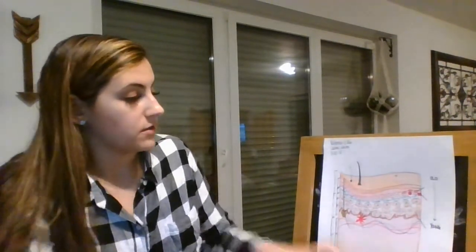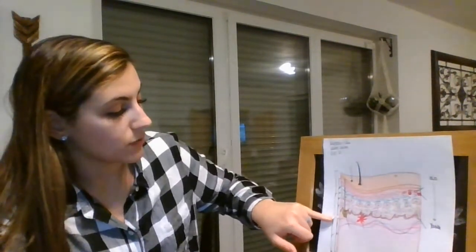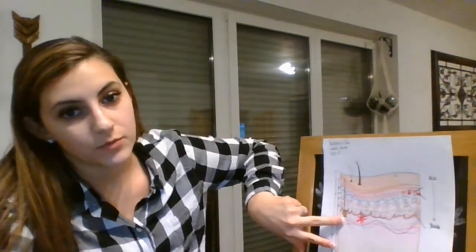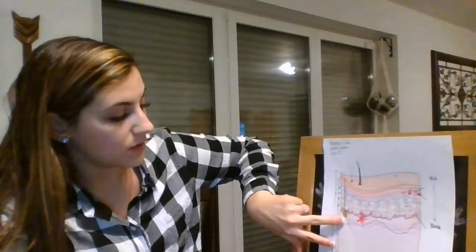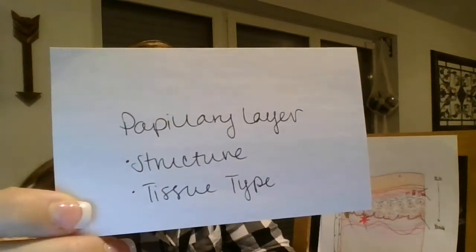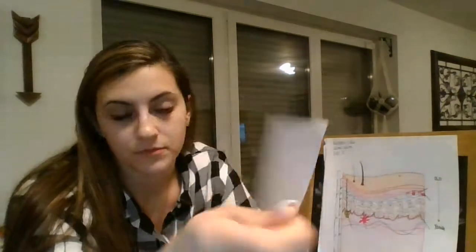So now that we've taken care of the epidermis, we're going to roll into the dermis. There are 2 layers within the dermis, the papillary and the reticular. For my note card on the papillary layer, I'm just going to identify the structure and the tissue type, no information. The structure for the papillary layer is a thin arrangement of collagen fibers, and the tissue type is a loose connective tissue.